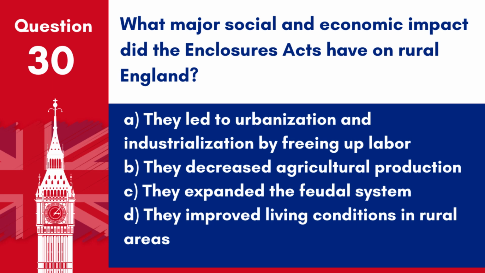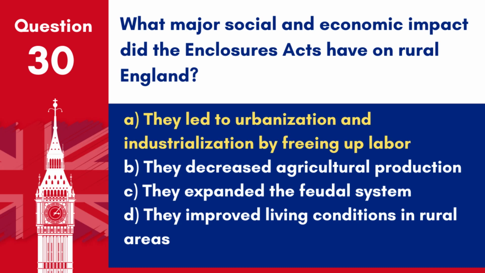Question 30. What major social and economic impact did the Enclosures Acts have on rural England? A. They led to urbanization and industrialization by freeing up labor. B. They decreased agricultural production. C. They expanded the feudal system. D. They improved living conditions in rural areas.